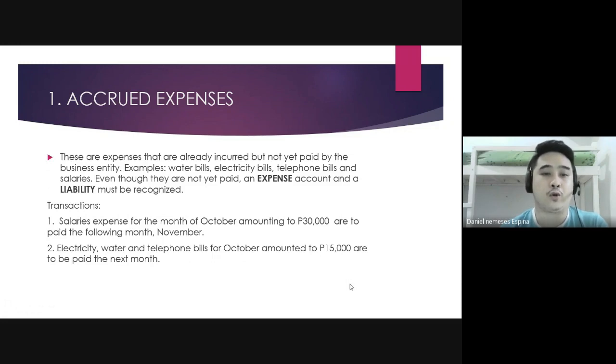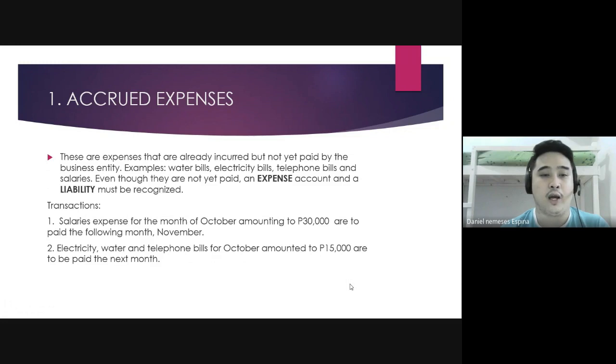So we call them accrued in the sense that they are incurred, but they are yet to be paid. They will be paid the following month or the following year. Accrued expenses are somehow similar to an accounts payable account. We have already incurred this, but we are yet to pay these expenses.